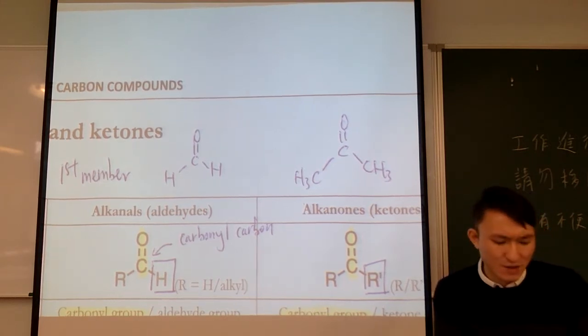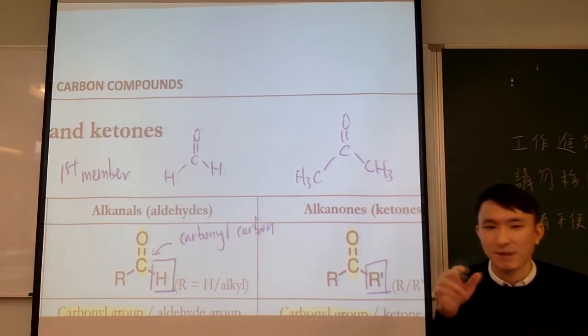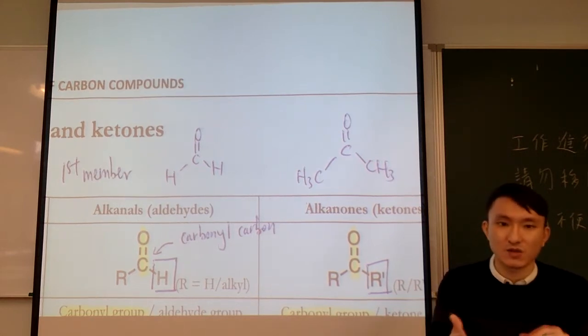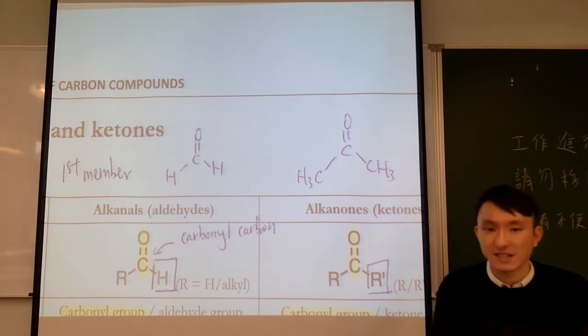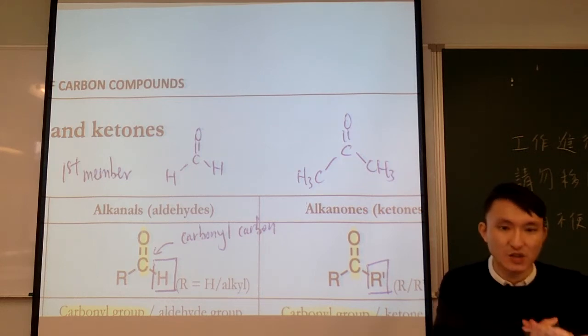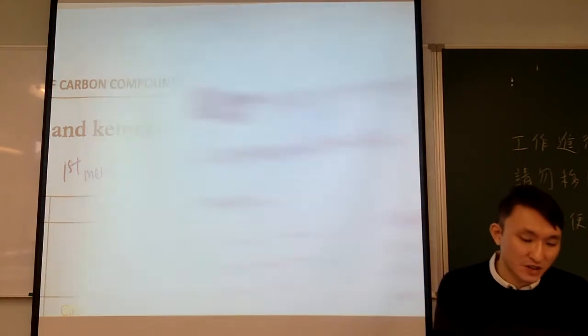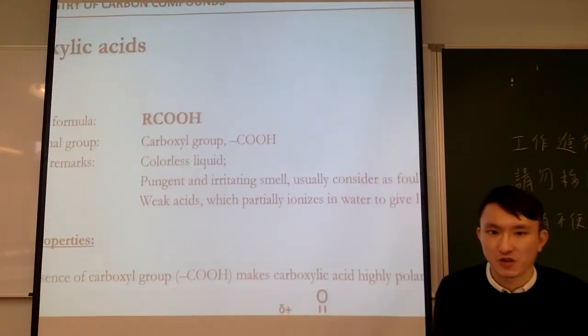Now, can we show the general formula in terms of CnH2n and so on? Yes, of course. You still do the same thing, deriving from the general formula of alkane, but this is what we usually use. So here we will focus on the functional group rather than the stoichiometry.